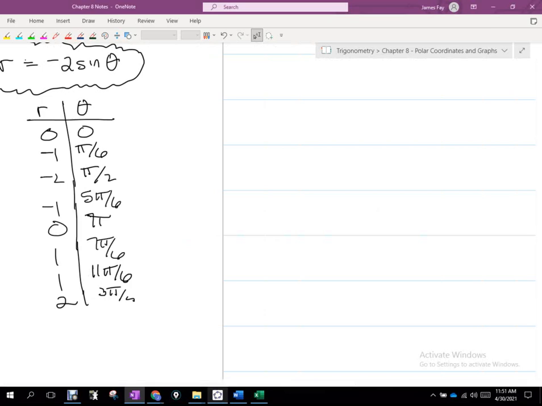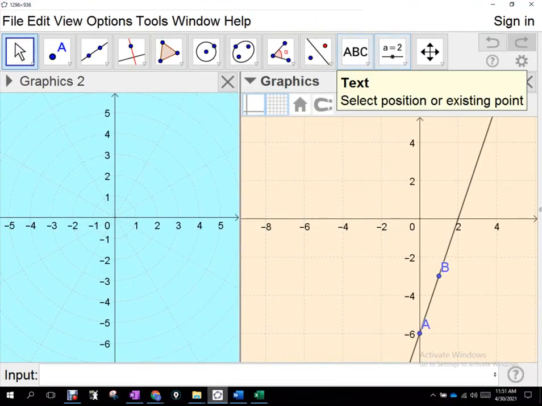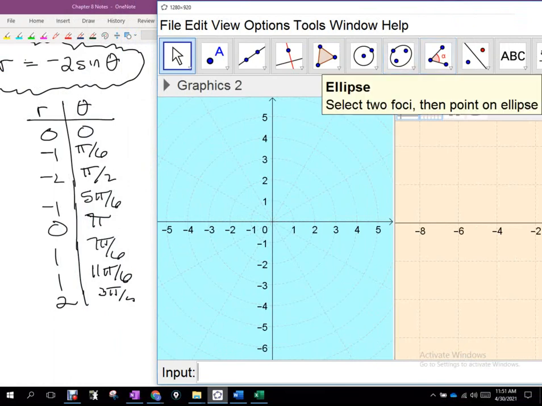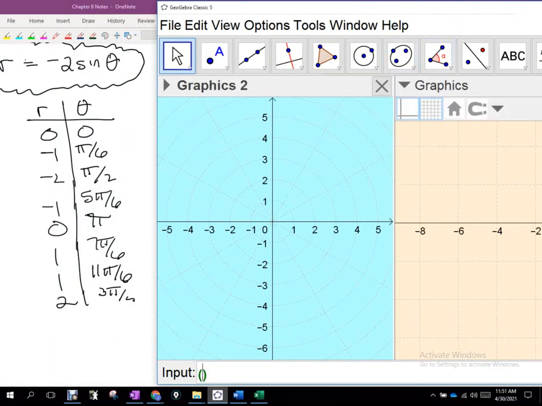All right, so I'm going to go (0, 0), (-1, pi over 6), (-2, pi over 2), (-1, 5 pi over 6), (0, pi), we get (1, 7 pi over 6).